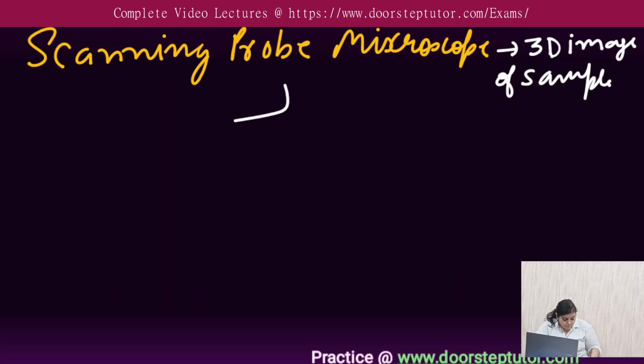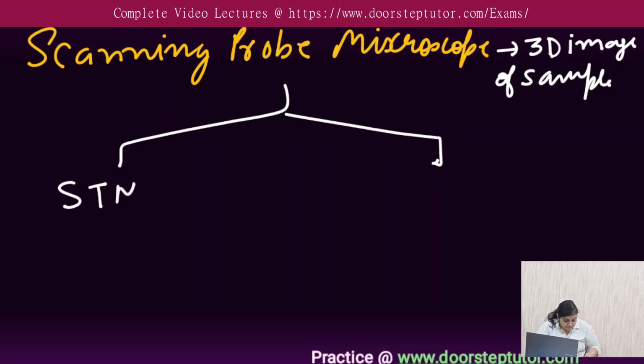These scanning probe microscopes, on the basis of the materials being detected, are further classified. One is known as STM and the other is called AFM. So what do STM and AFM stand for?